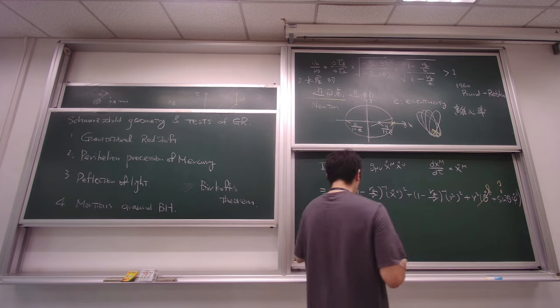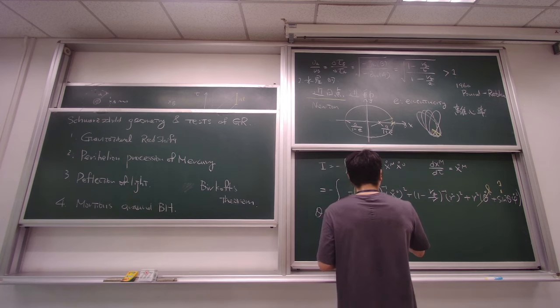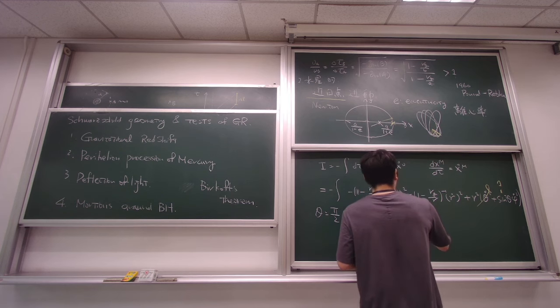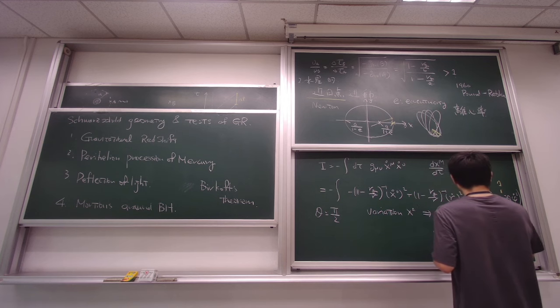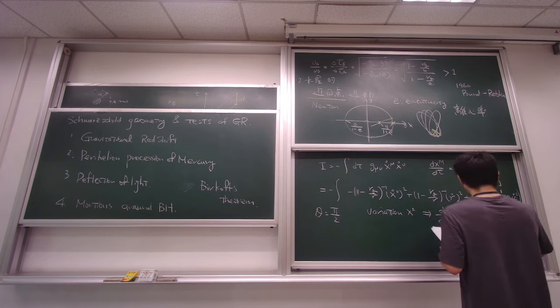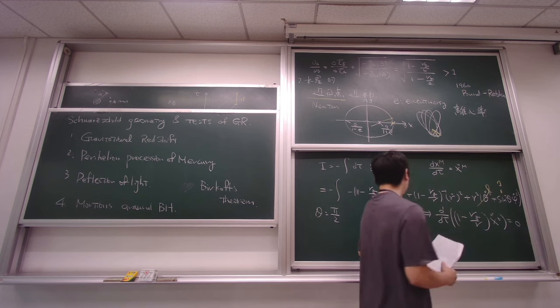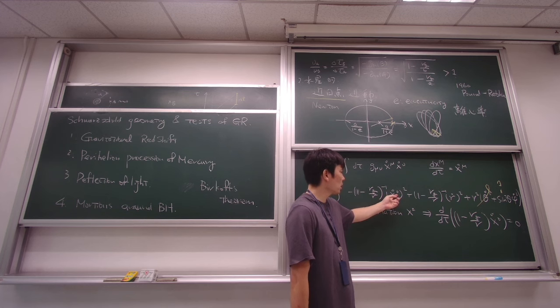So for instance, variation of x naught will give you d/d tau of (1 minus rg over r) x naught dot equal to 0, which can be easily seen. You just do the variation with respect to x naught.